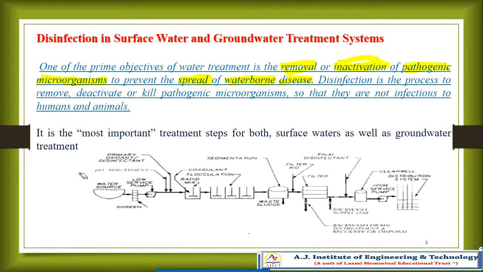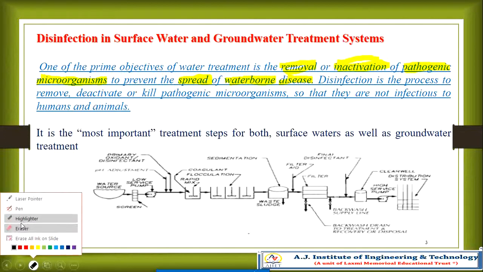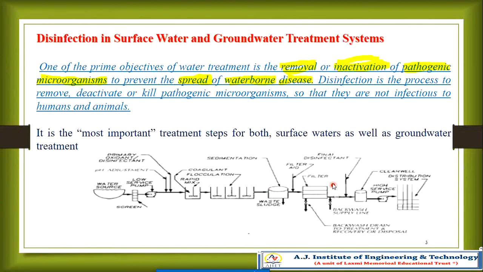For example, after filtration, filtration will not remove 100% of microorganisms. We can say some of the bacteria can be removed, but to what extent we cannot tell.